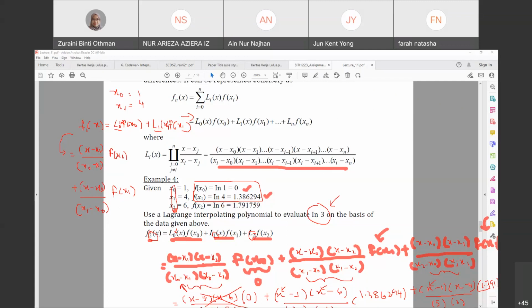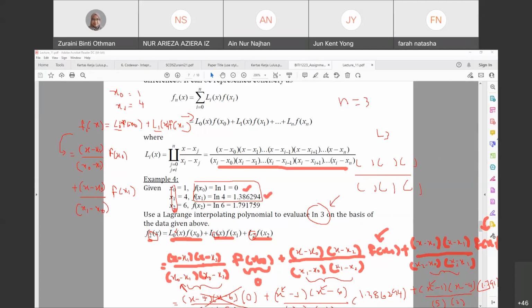And if they ask you about cubic and sama juga dengan 3, so you have to find something yang sampai L3 and they involve until 3 pecahan kat 3 kurungan. Okay, benda ni akan keluar sebanyak 4 kali which is L0 plus L1 plus L2 plus L3.